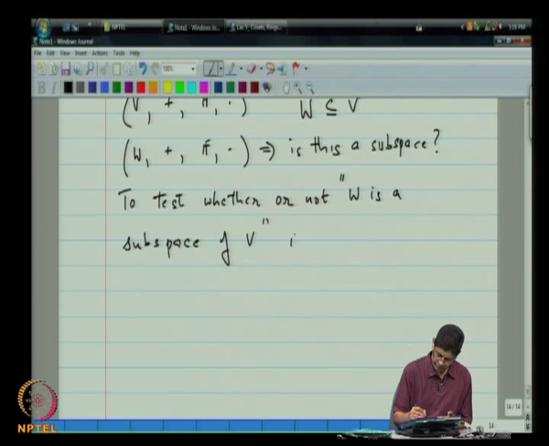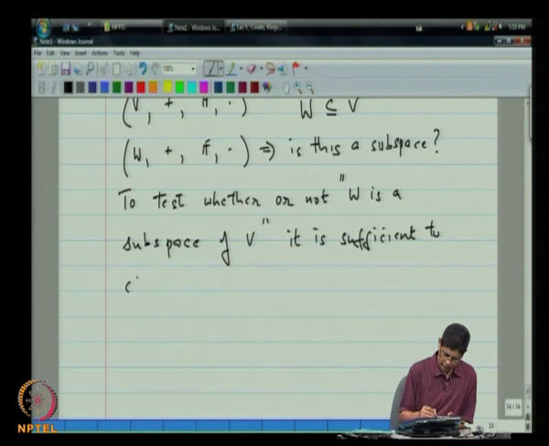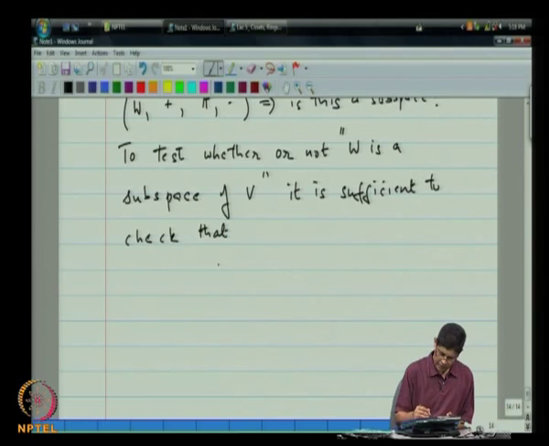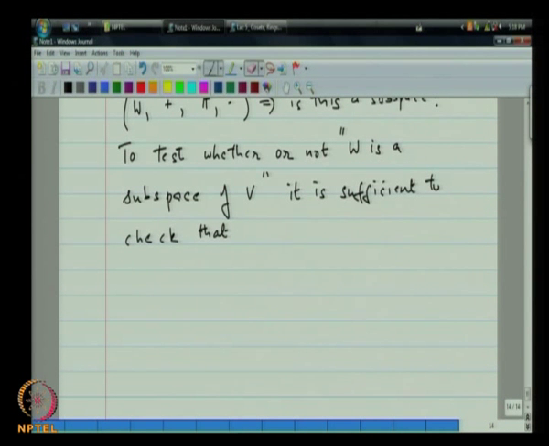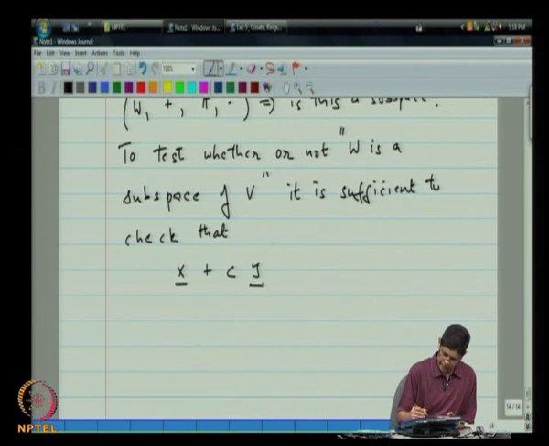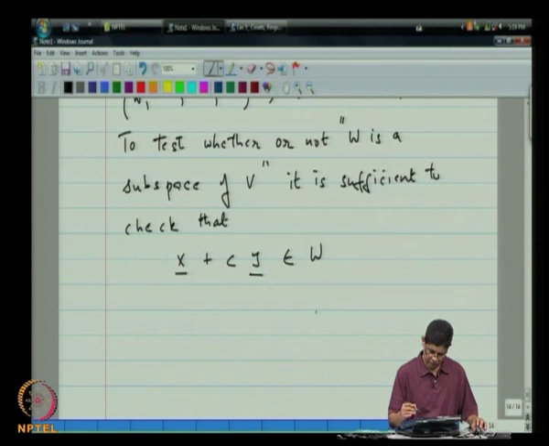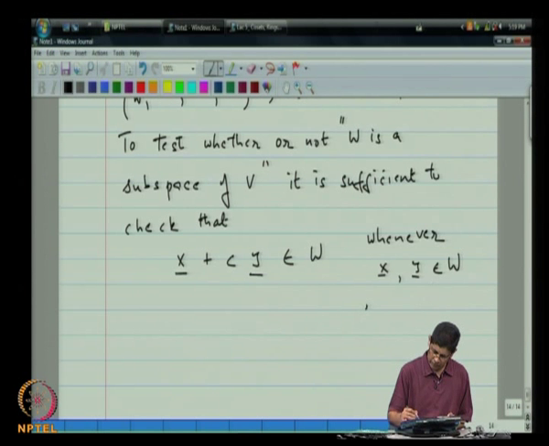It is sufficient to check that x plus cy is in W whenever x and y belong to W and c is any scalar that belongs to the field of scalars.